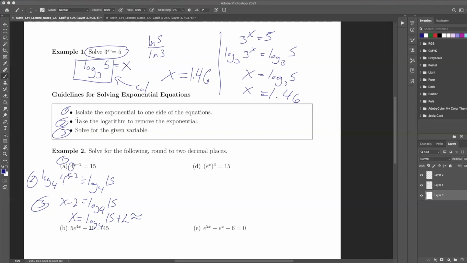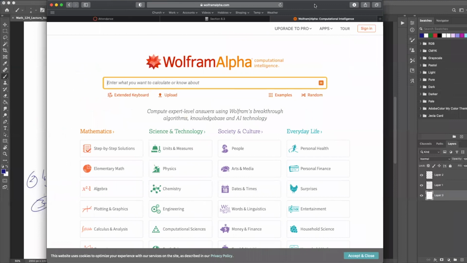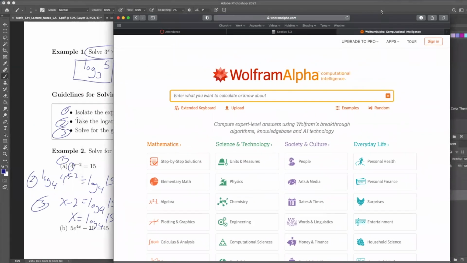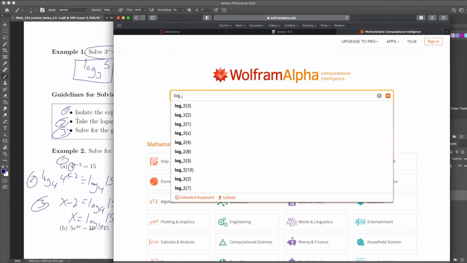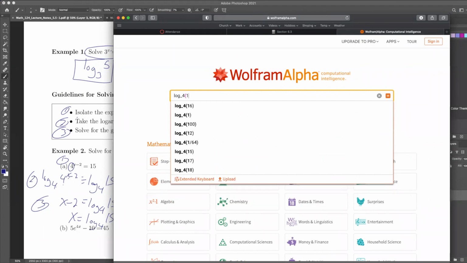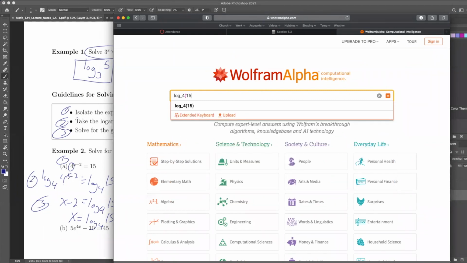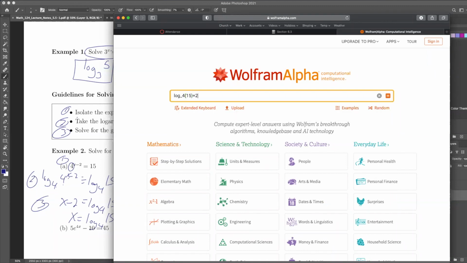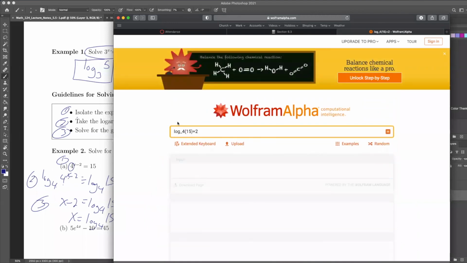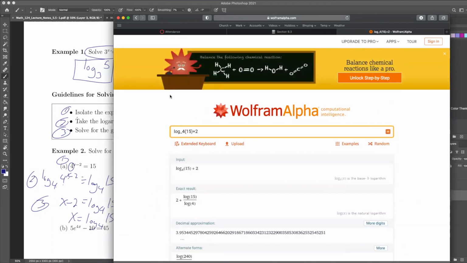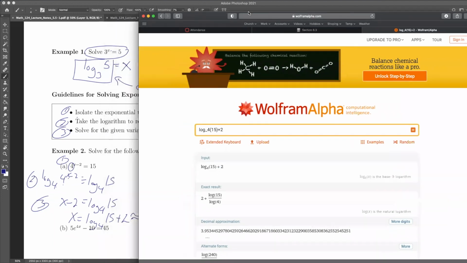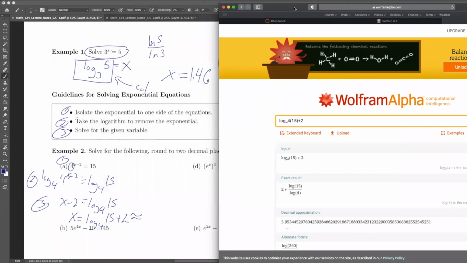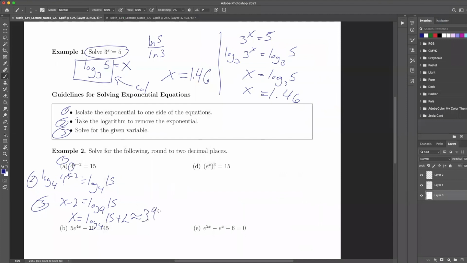All right, so we're going to type in log underscore 4 of 15 plus 2, because that's what we solved for. And here we get that it's equal to roughly 3.95. So we'll just write in 3.95.